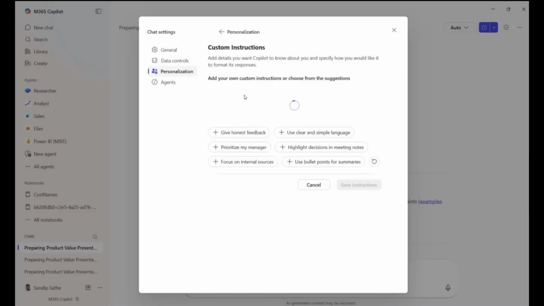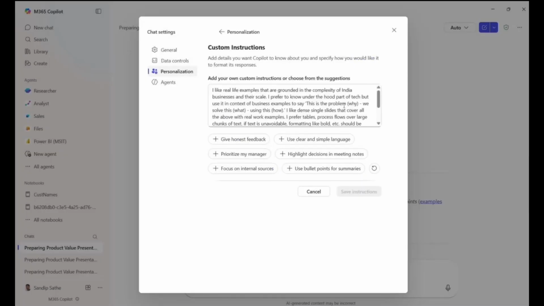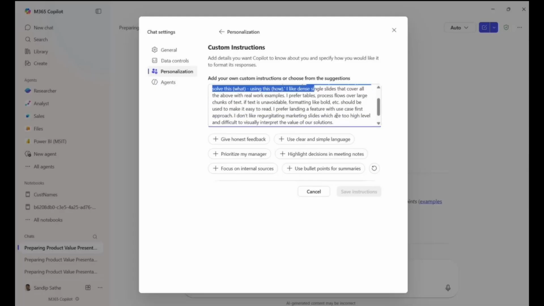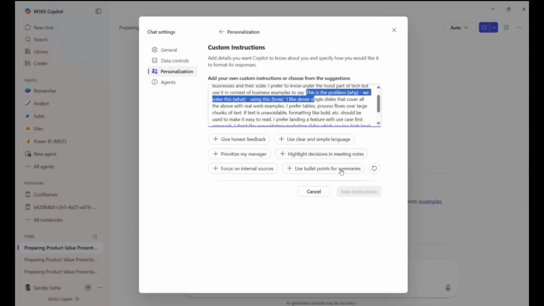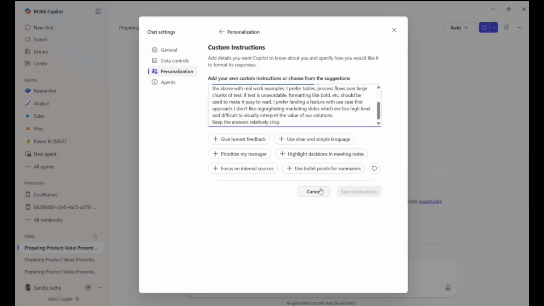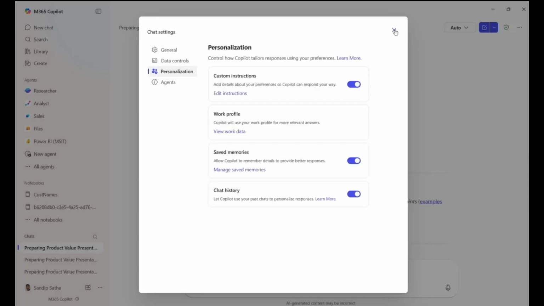This section helps me write and edit custom instructions that tell it how I like to present these decks. I like groundedness, I like a typical flow, and I like the data to be condensed. Let's see this in example now.